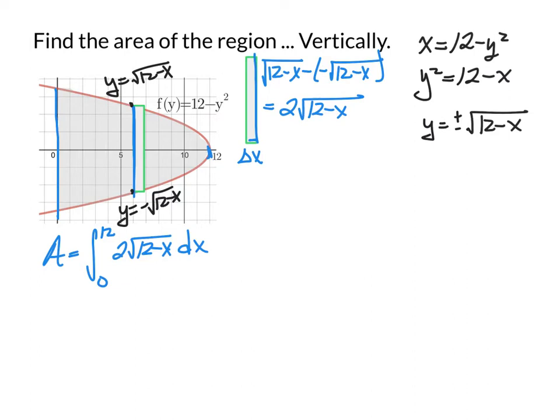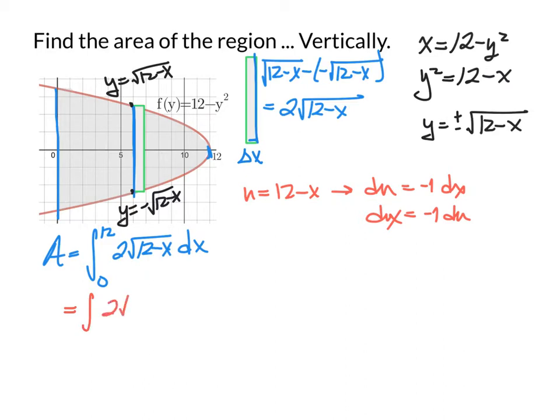Now this integral looks innocent enough. However, because we have a function inside of that square root, we're going to have to use u substitution. So u is 12 minus x, which would mean du is negative 1 dx. So dx is negative 1 du. Next, we come over here and substitute.